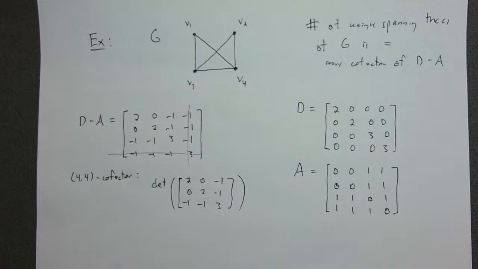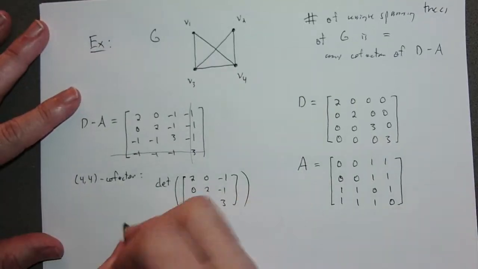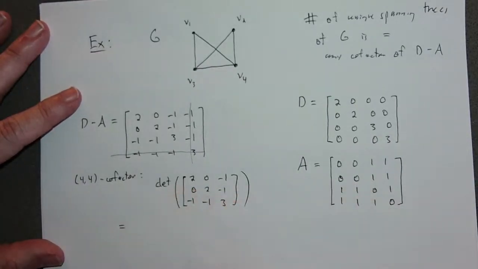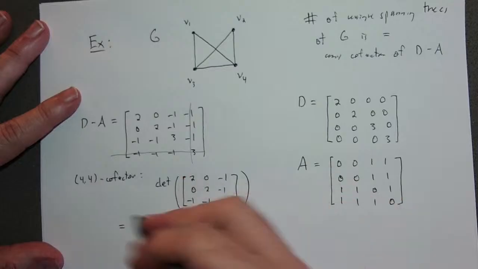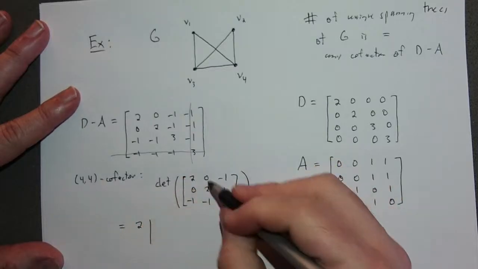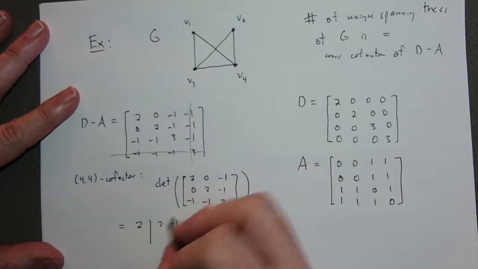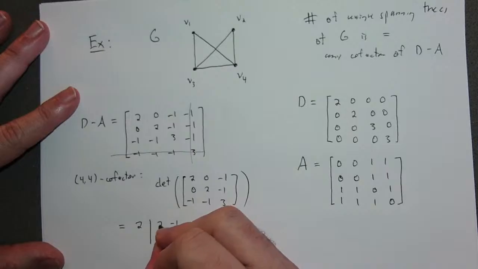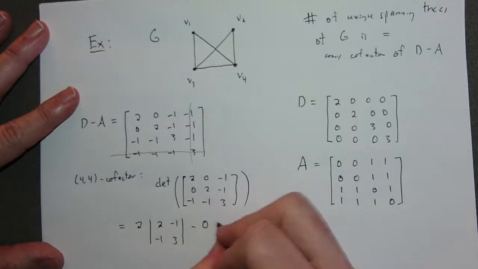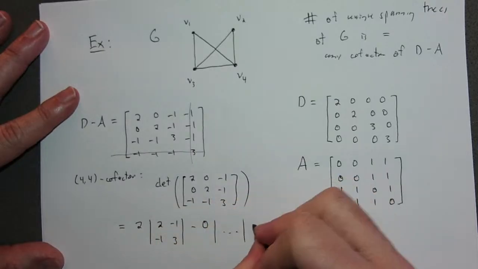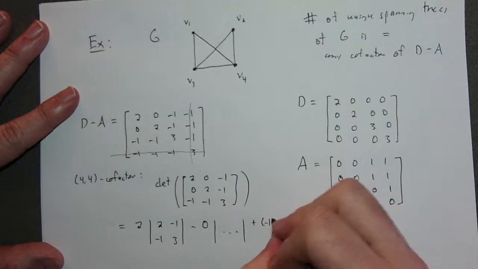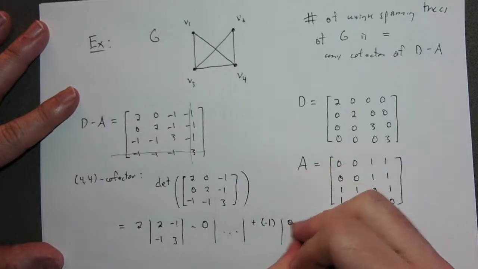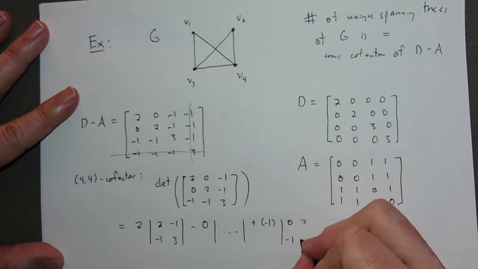You can do it however you want to. But here, I'm just going to expand across the first row. So this would be 2 times the determinant of 2, minus 1, minus 1, 3. Minus 0 times stuff I don't care about, plus minus 1 times the determinant of 0, 2, minus 1, minus 1.